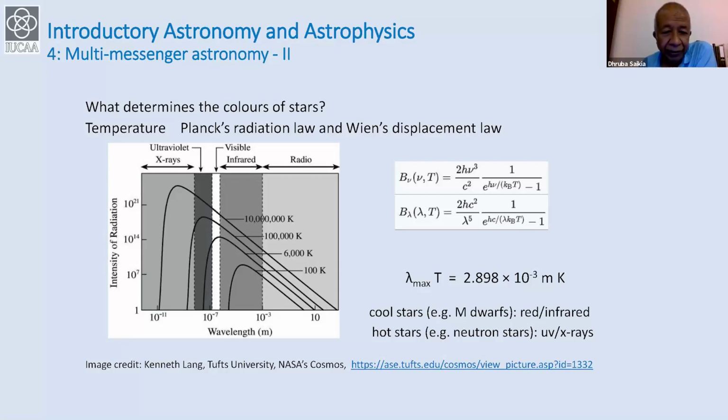At the high energy end, we will look at this in more detail later, neutron stars, which are the remnants of massive stars, born in the explosion of massive stars, could be extremely hot, several 100,000 to millions of degrees Kelvin or so, and they would be radiating at high energies. So this is applicable beyond the optical region of the electromagnetic spectrum as well.